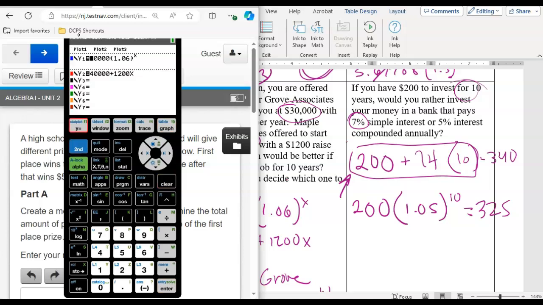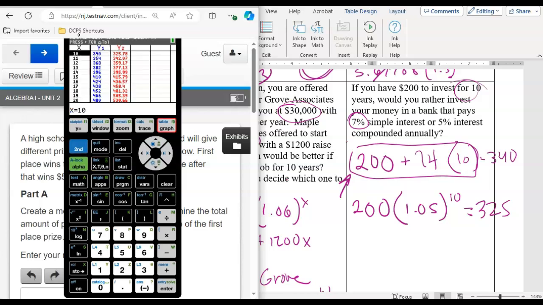We can also look at this in our calculators to compare. So 200 plus 14x, or 200 times 1.05 to the power of x, and then second table. And if you look at that, you can see that actually after year 10, let's see, nope, this one's still looking a little bit better, but it's around year 15.